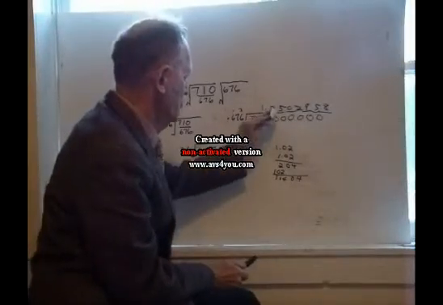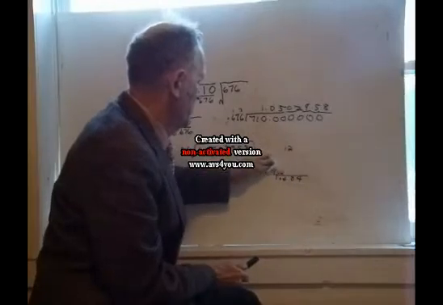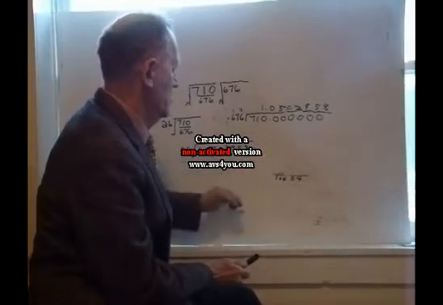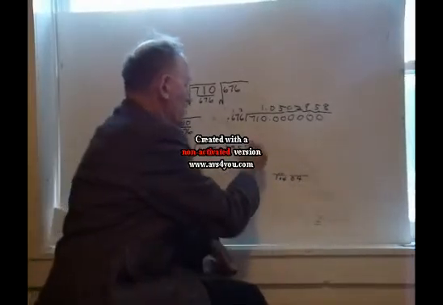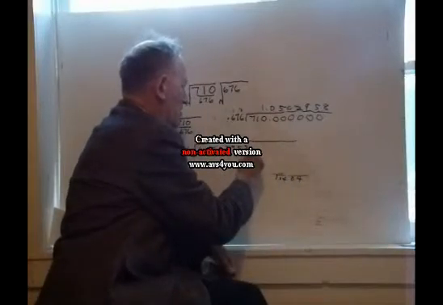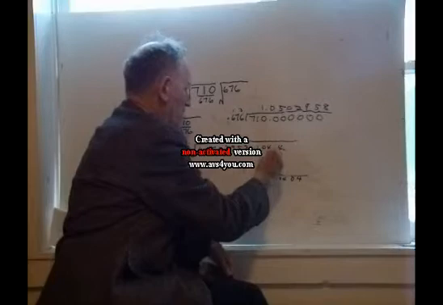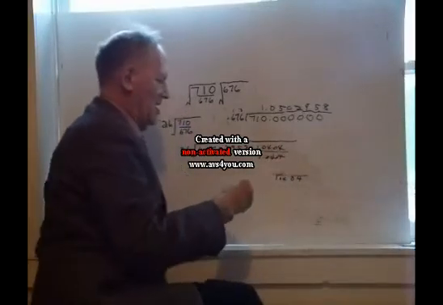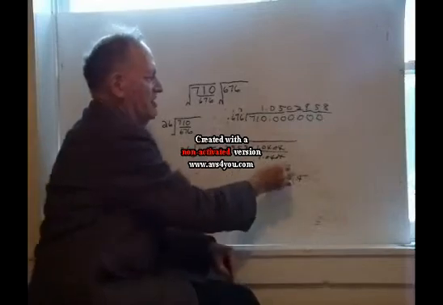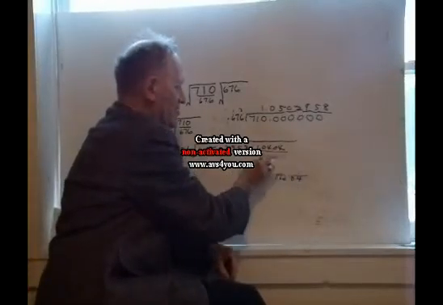Let me keep this number here. I'm going to multiply and divide this by 1.0404 and divide it by 1.0404. And we know we can do that without changing the value of what is underneath the radical sign.